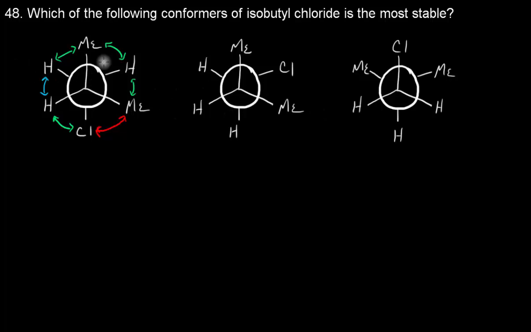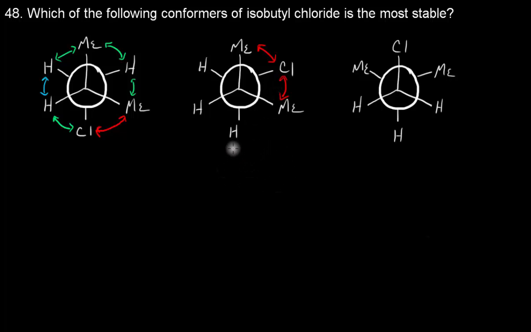So we already said that the most destabilization energy is going to come from the gauche interaction between a methyl and a chlorine. So in this second one, we're going to have two of these, right here and right here.